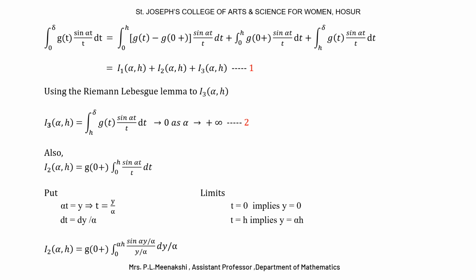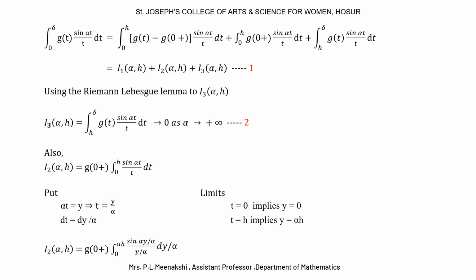So we consider the first integral I1(α, h), the second integral I2(α, h), and the third integral I3(α, h). We find the values of these three integrals. First, we consider the third integral I3(α, h).